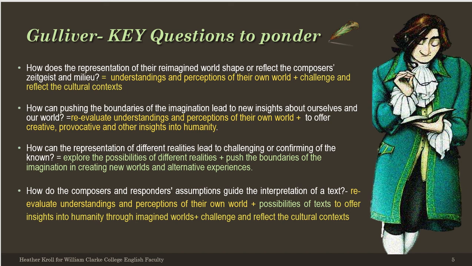It is up to us as the responders, as the audience, to respond to the texts. And so how do these particular texts shape our own assumptions? And how do our own assumptions, in addition, shape or influence how we interpret a text?